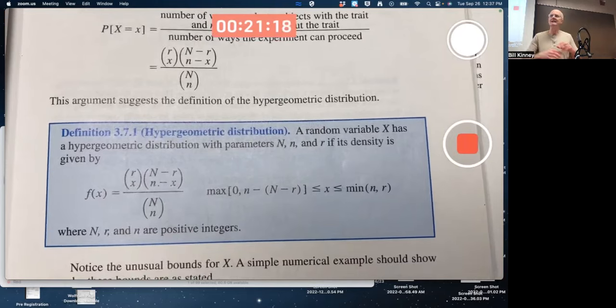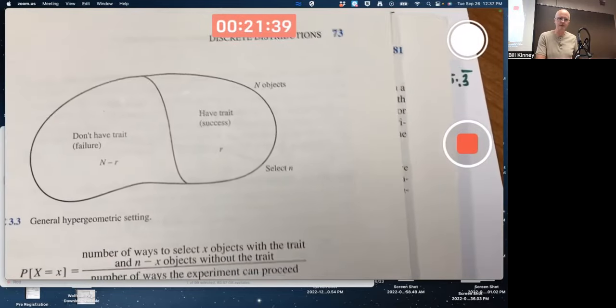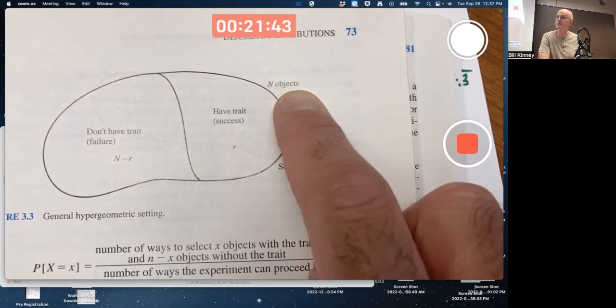Think of it in terms of the jar with M&Ms in it. You've got a certain population of size capital N. Capital N is 5 in our example because there's 5 M&Ms total. This picture might be helpful as well: N objects, 5 M&Ms, 3 reds and 2 greens.